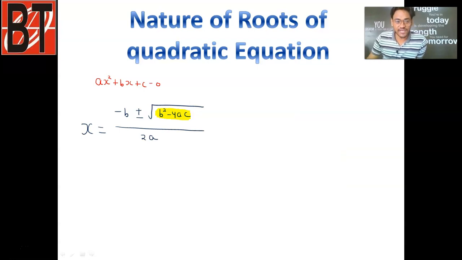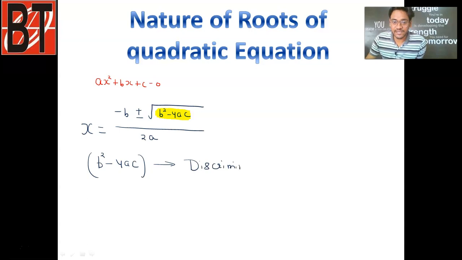Let me write here: b square minus 4ac. This expression is known as the discriminant, and we will denote it by capital D. Why am I using the word discriminant? Because it discriminates the nature of roots. It will tell us what kind of roots the quadratic equation will have.